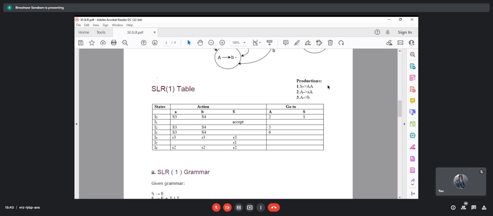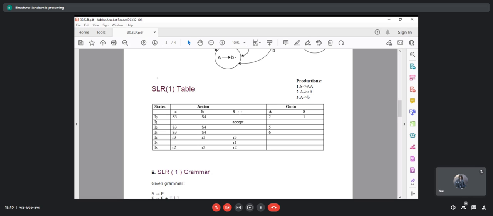So here in action, what do we have to place? We have to place terminals. So what are the terminals? We have a, b, and dollar. So here, as I mentioned before, you need to understand how to find first and follow. For this particular problem, and for the remaining parts from here, first and follow is going to be used frequently.